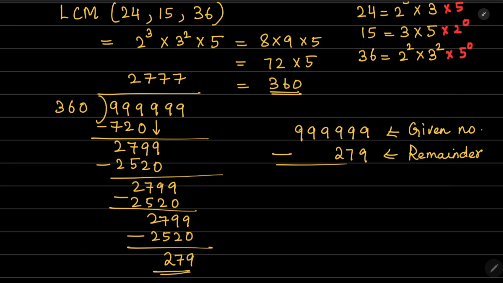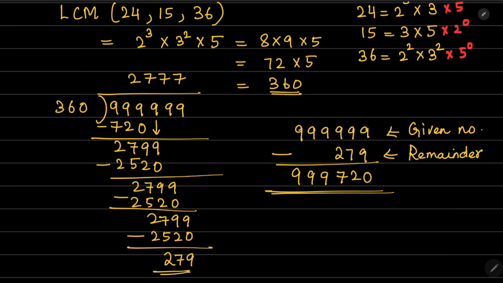And if it is divisible by 360, obviously it is perfectly divisible by 24, 15 and 36. So when you subtract it, what do you get? You will be getting 999720. So this is the number.